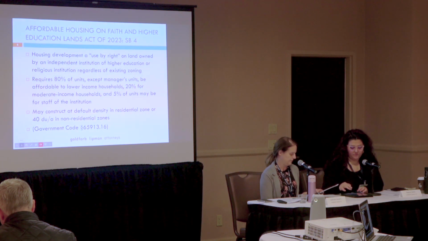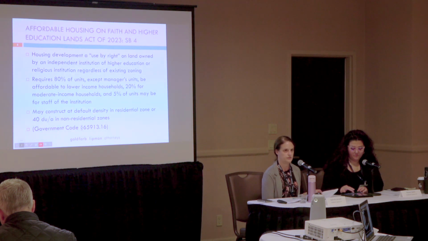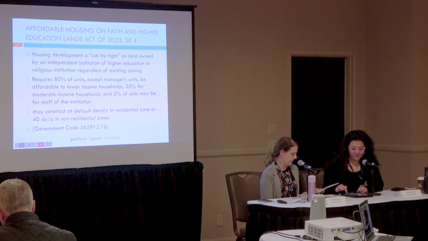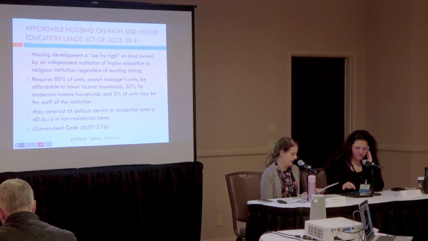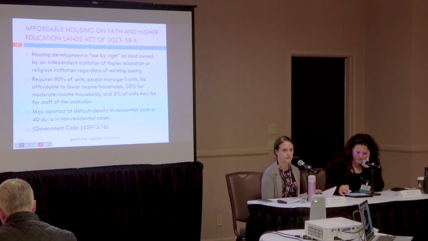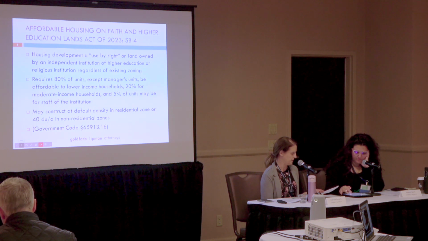The property needs to have been owned on or before January 1st, 2024 by the religious or higher education institution. And then there are some replacement housing requirements that need to be met if housing is being demolished. I think we're going to go into that a little bit later, so I won't go over this right now.